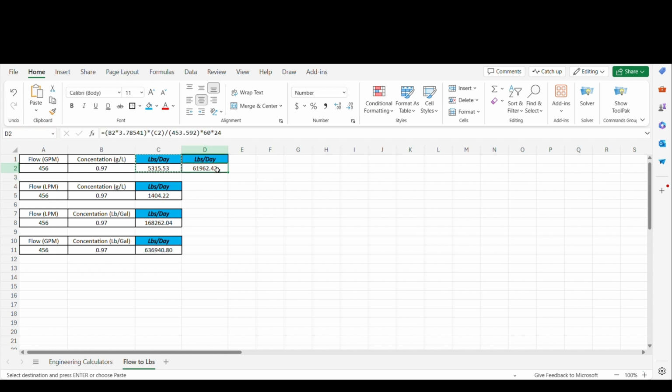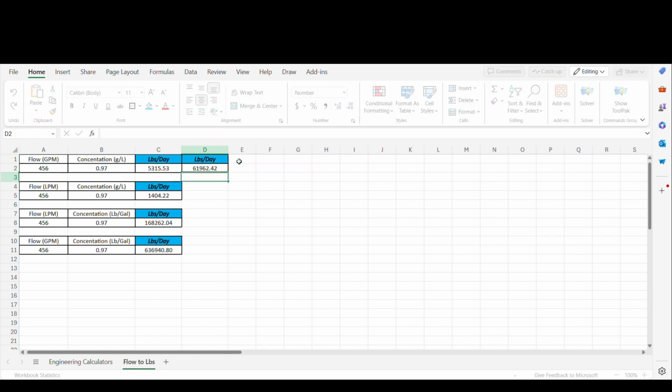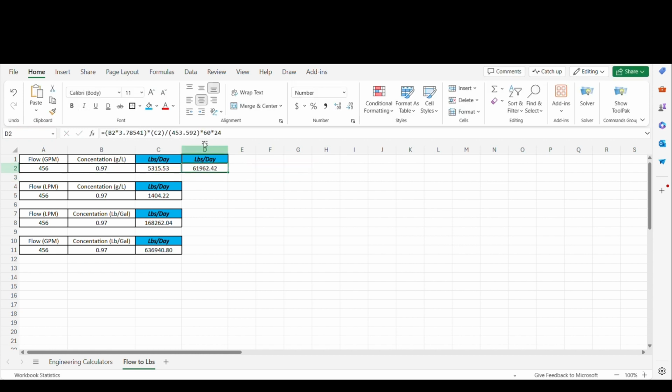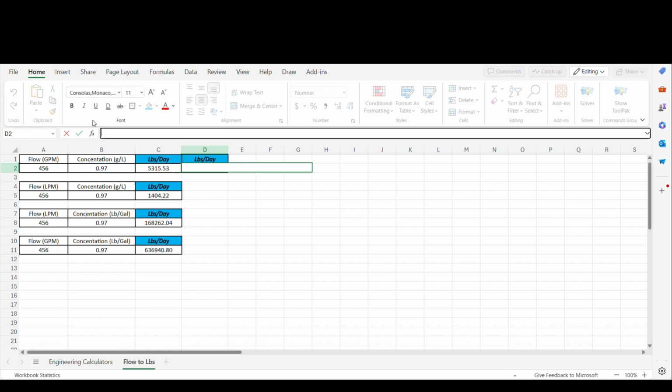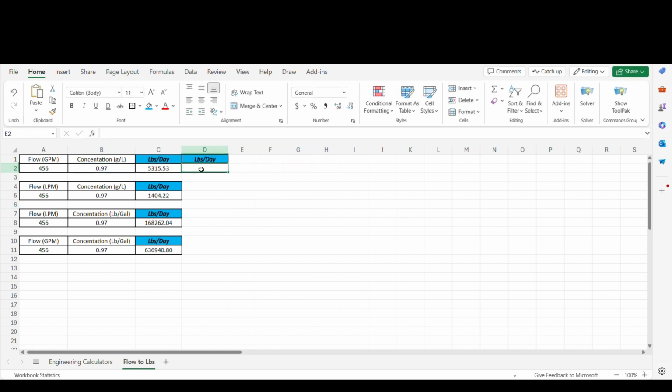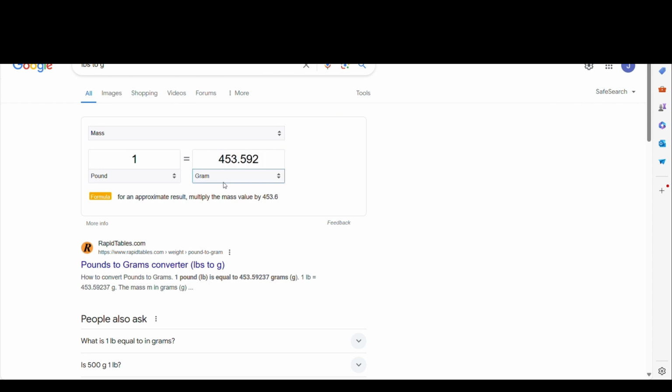Make these the same size. You would just go from pounds to kilograms, then you would do this conversion.